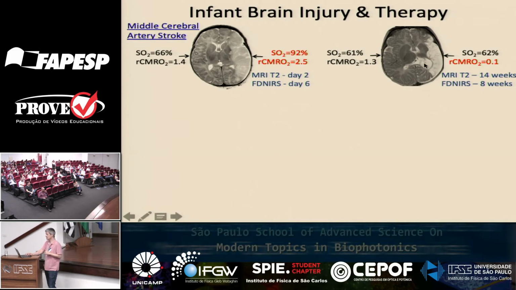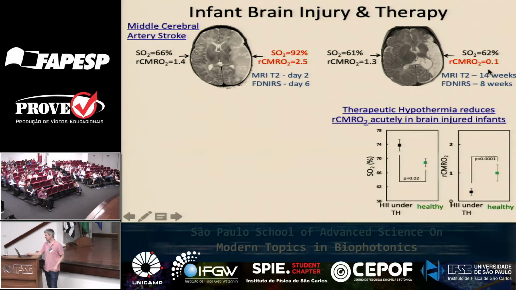You measure several weeks later, and you actually see that the metabolism has essentially gone to zero because the tissue is now dead, right? But the oxygenation looks normal. That's very curious. It suggests the tissue is fine, but actually the tissue is dead. So they've now, in Boston and most cities around the world, infants who are born with injuries are given anti-epileptic therapy, or their brains are cooled to try to reduce that seizure activity.